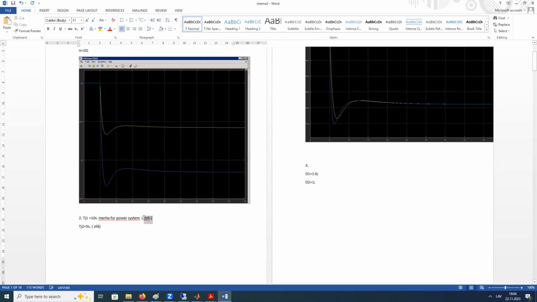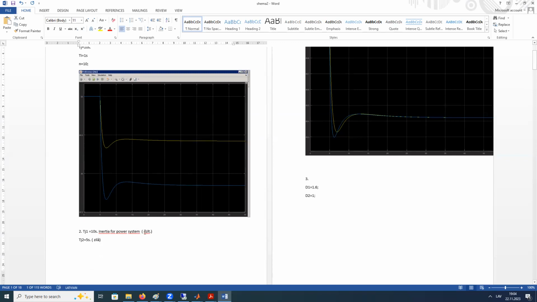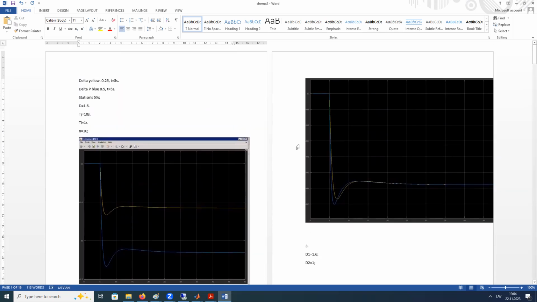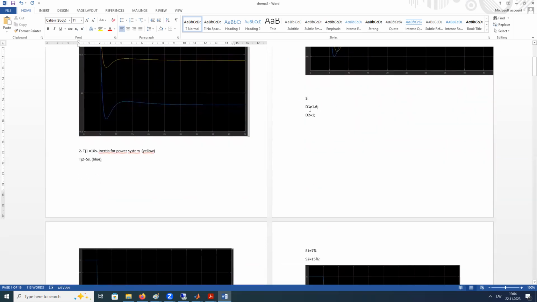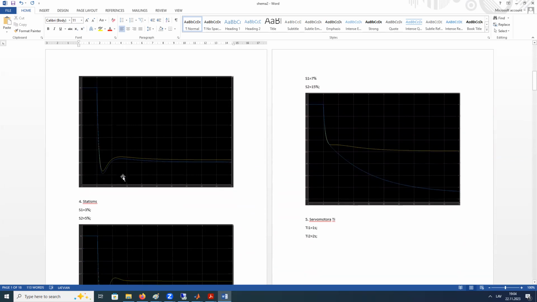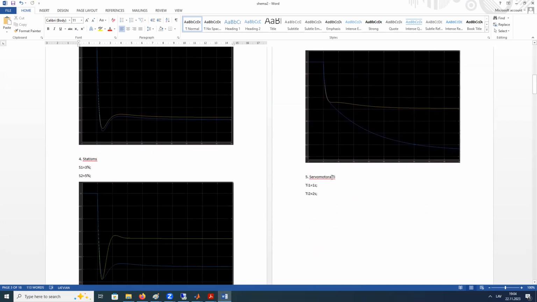Okay, this one is yellow, and this is the blue one. Okay, this was okay. This first one, second one, third one is this load reaction difference D. The next one is about this static, 3 to 5. This is the valve servo motor.